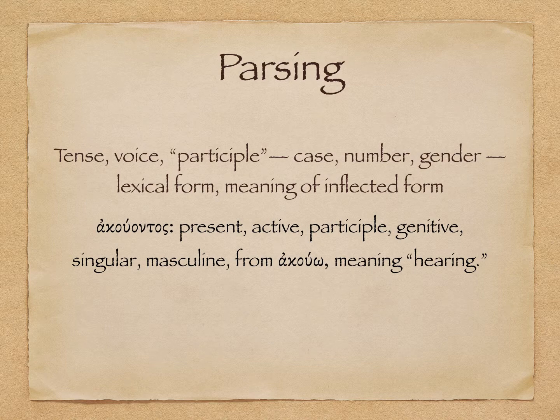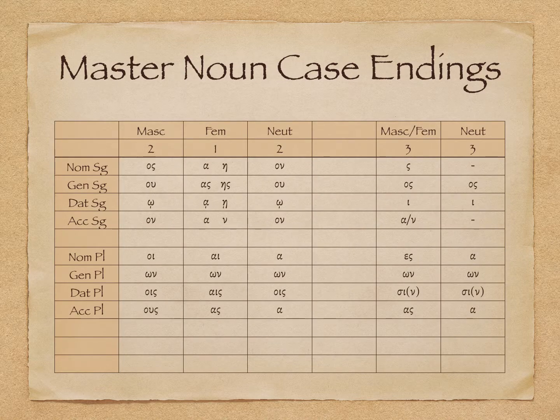What we need to do then is look back at the noun case endings. And this table is from Mounts, and the case endings that you hopefully learned in Elementary Greek 1 that we may need to just recall to our thinking here. If you want to look back specifically, this is on page 83 in Mounts.